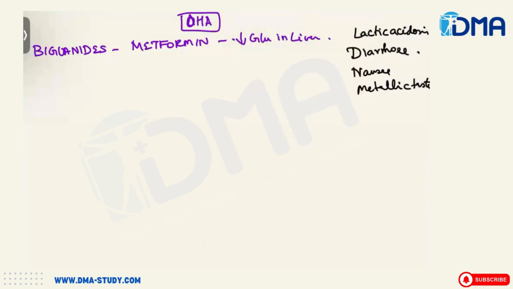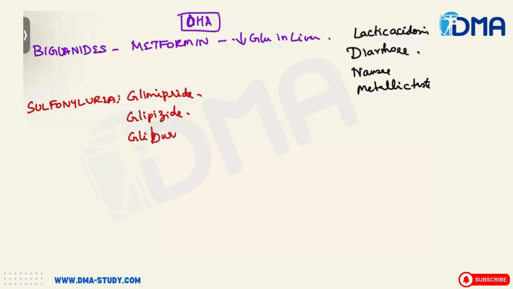That is metformin. Then the second most commonly used drug is the sulfonylurea. Examples of drugs in sulfonylurea: glimepiride, glipizide, glyburide, tolazamide, tolbutamide.